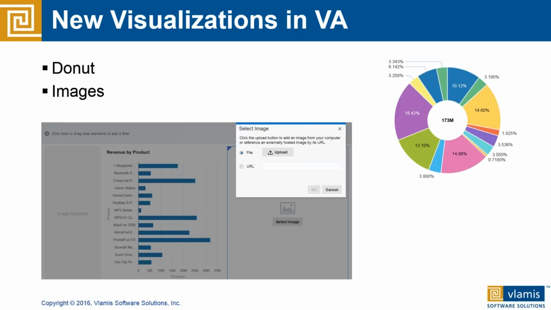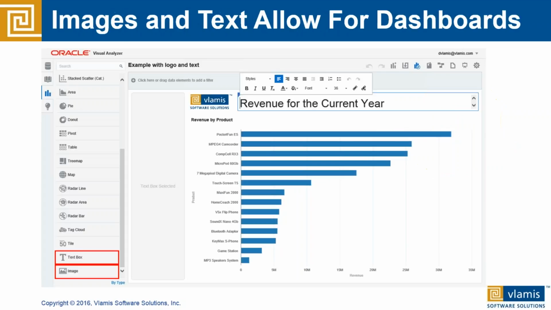It was really seen especially as an exploration tool to look through your data, but now it can be used for putting together dashboards. The images and text then allow for the dashboards.